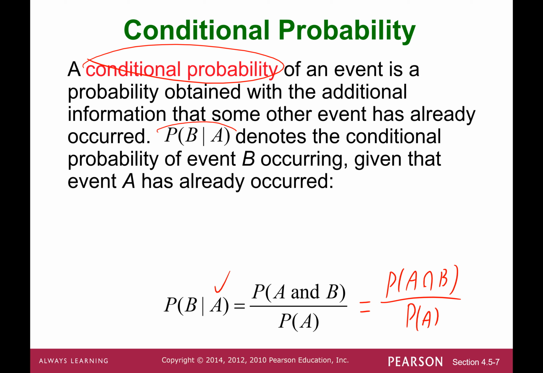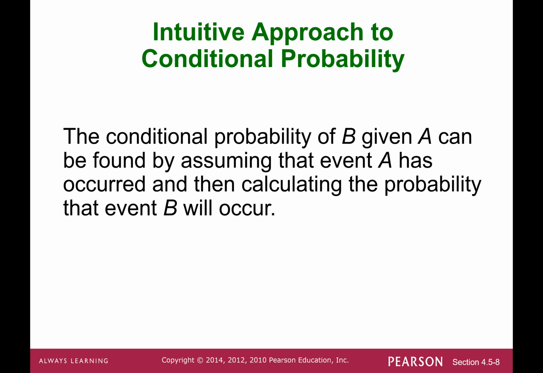And this notation indicates the probability of B, event B given that event A occurs. Conditional probability of event B occurring given that event A has already occurred. And conditional probability could be found by assuming that event A has occurred and also has impact on event B.